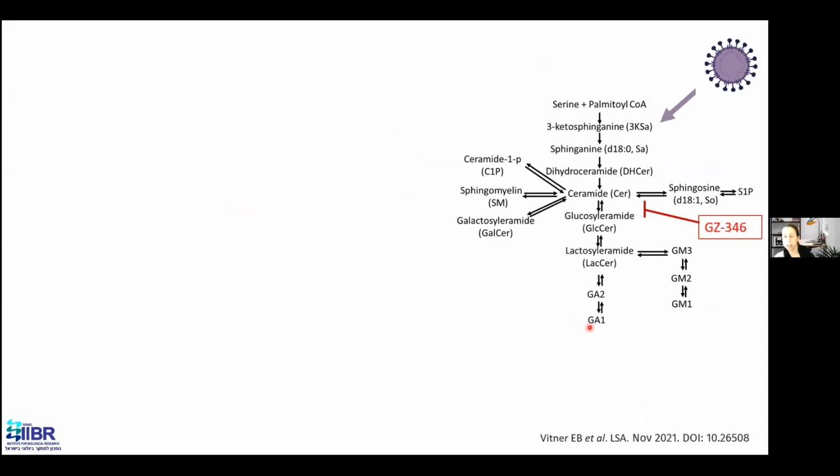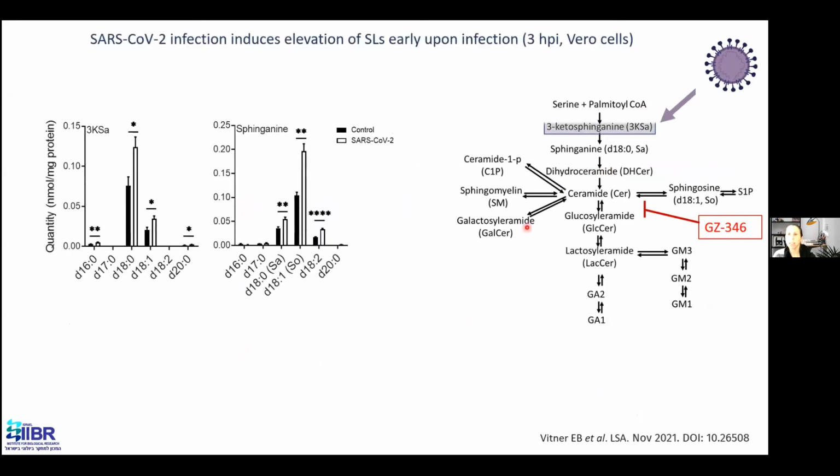So we also wanted to see whether SARS-CoV-2 also alters the sphingolipid pathway. So again, we took cells, we infected them, and 3 hours post-infection with SARS-CoV-2 we sent them to mass spec analysis. Now, here we also see a very significant effect in the sphingolipids, but it's very different from what we saw in the synthase virus. In the synthase virus, we saw a decrease in sphinganine and sphingosine, and we couldn't detect the elevation in the dish, but only in vivo.